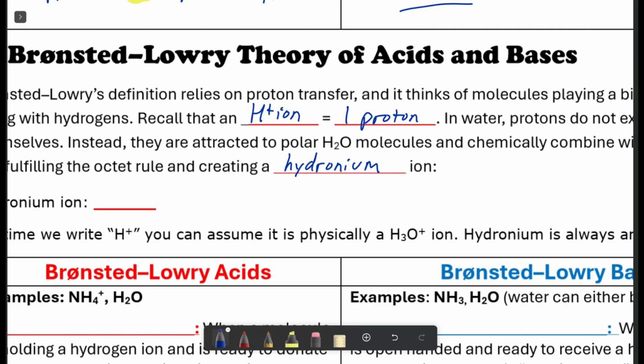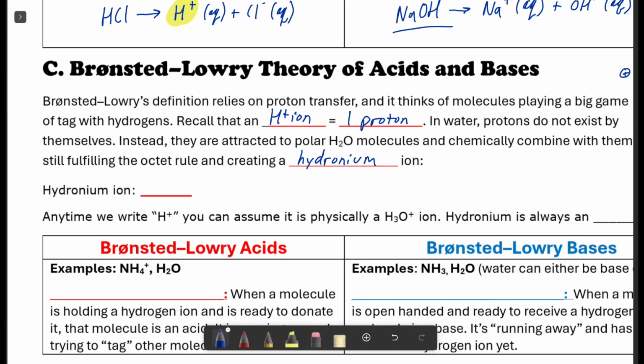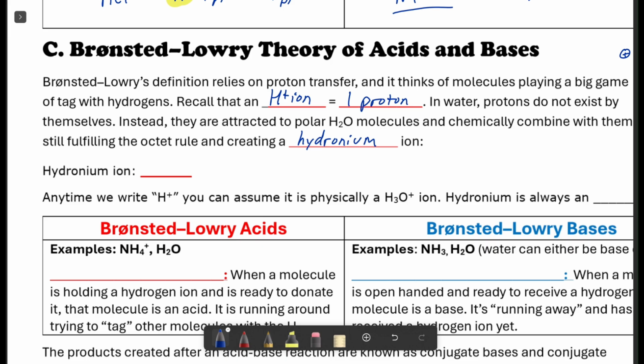Hydronium. It sounds like some secret juice that you're trying to find in an Avengers movie or something. But you all have hydronium. You've been drinking hydronium already today, even if you didn't know it. So a hydronium ion is a polyatomic ion that I didn't teach you yet, but you've got to know it now. It's H3O+.